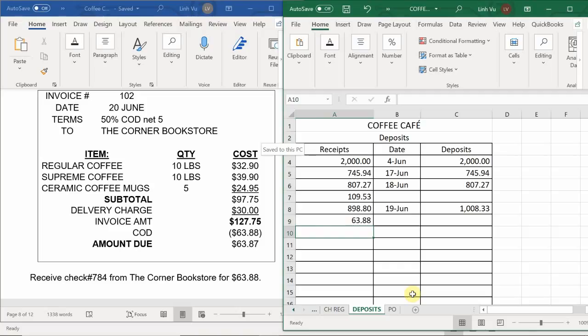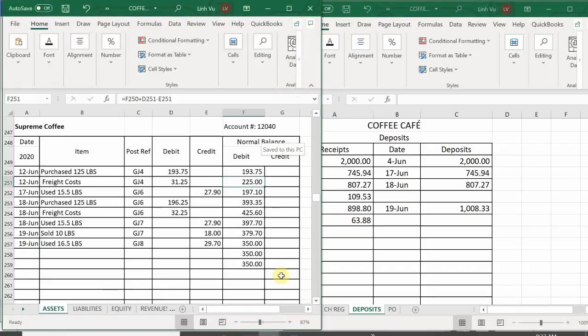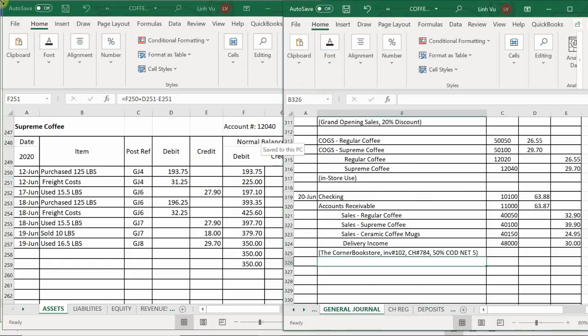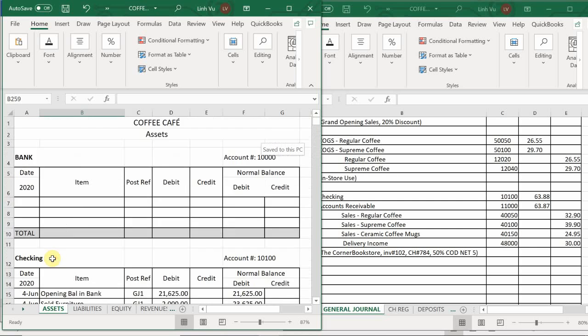Then we'll go to the general ledger. General ledger, good. Go back to the journal first. Okay, under assets. Where are we going to go under assets? To the top, to your checking account under bank.